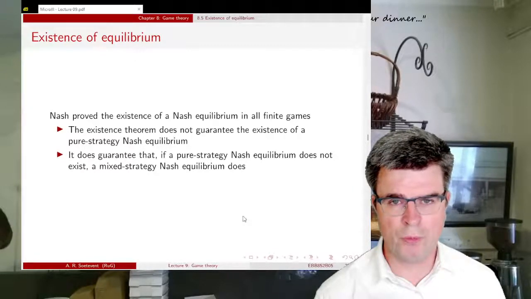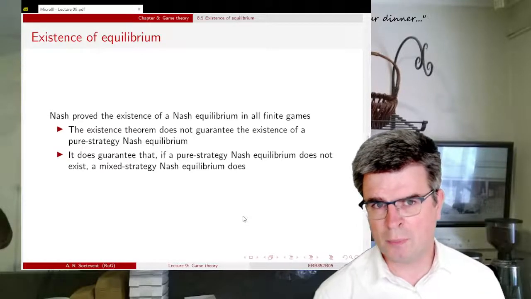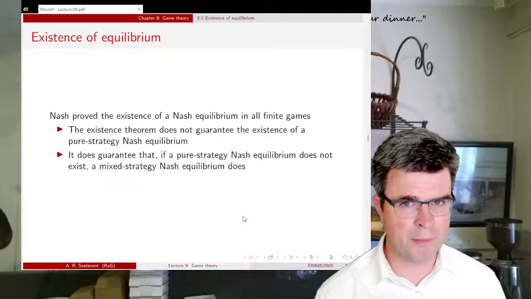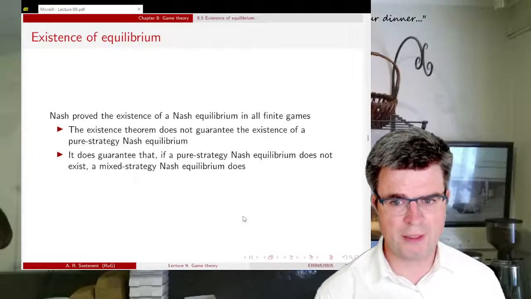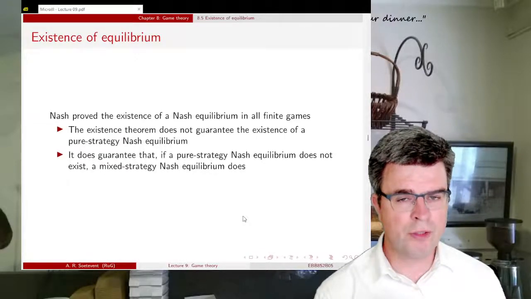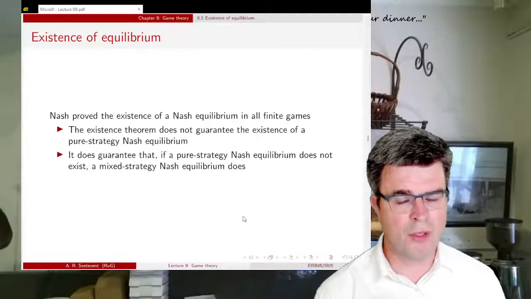If you have rock, paper, scissors, that's, for example, a game that doesn't have an equilibrium in pure strategies. So what the existence theorem says is that each finite game has a Nash equilibrium.